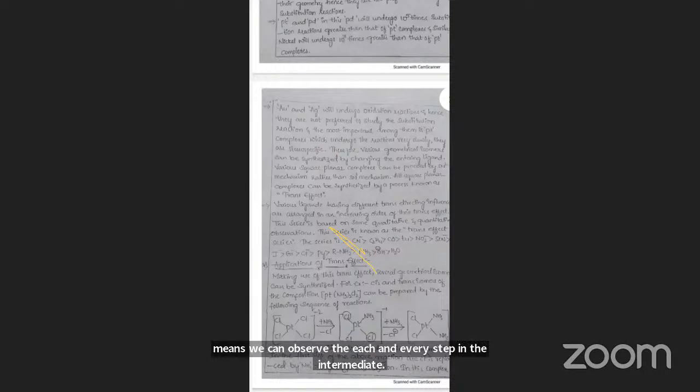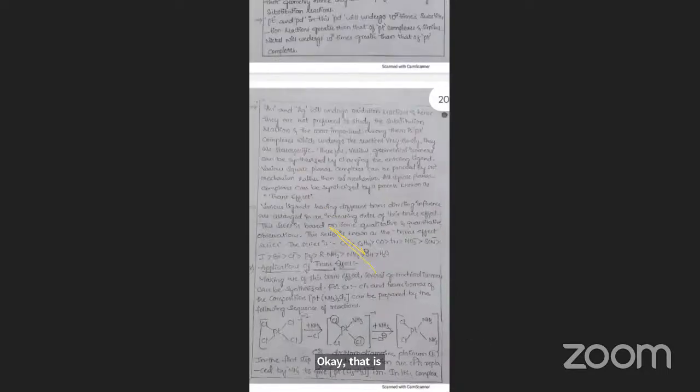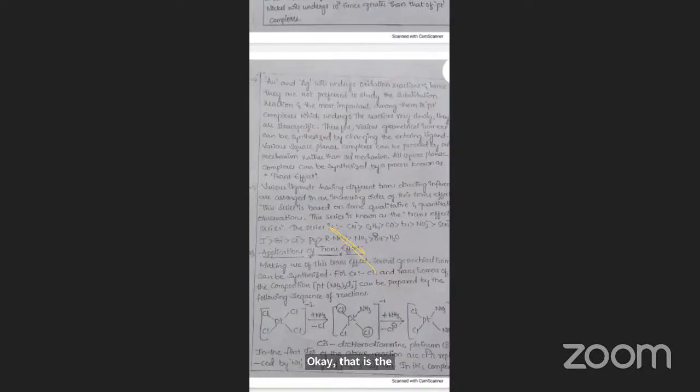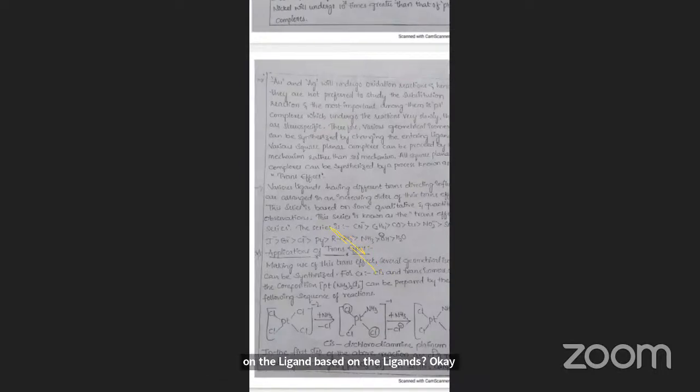There is a trans effect series based on the strength of the ligands. We can explain the applications of the trans effect. These are very, very important. Write a note on the trans effect and give its applications: the examination frequently asks this question.